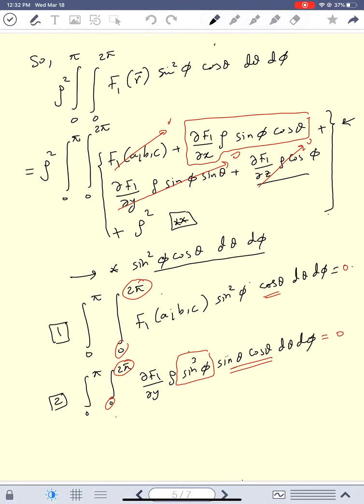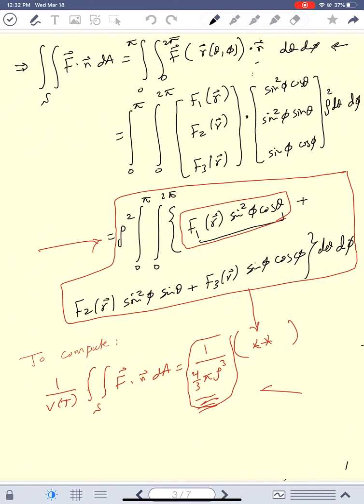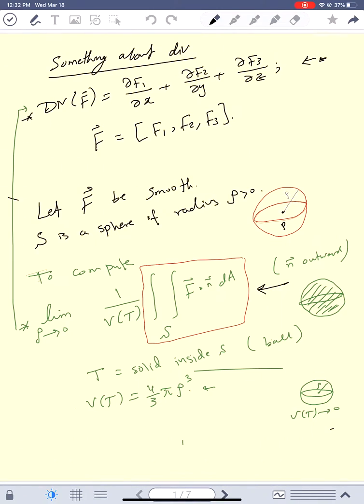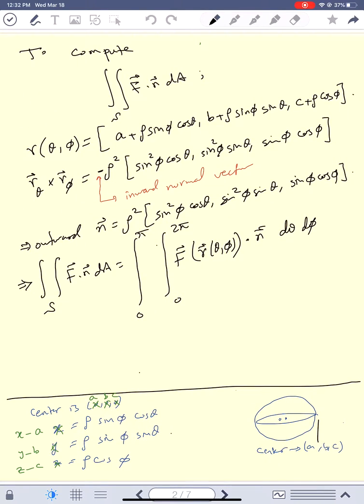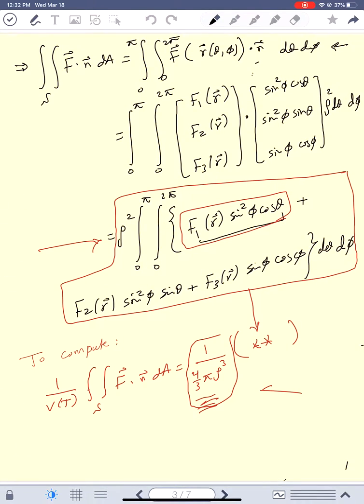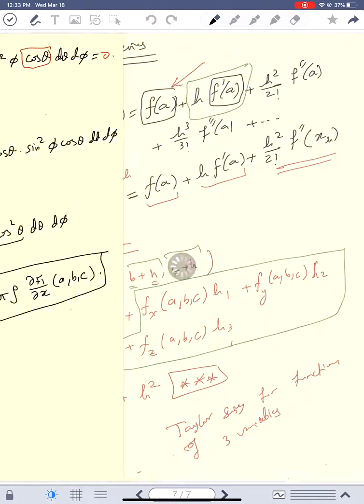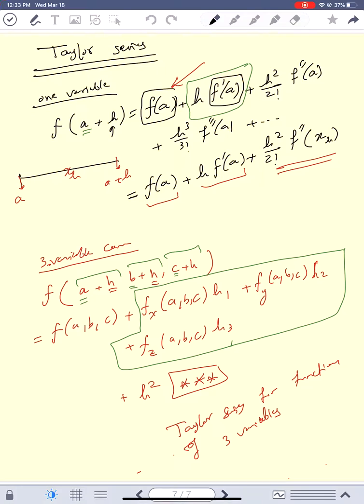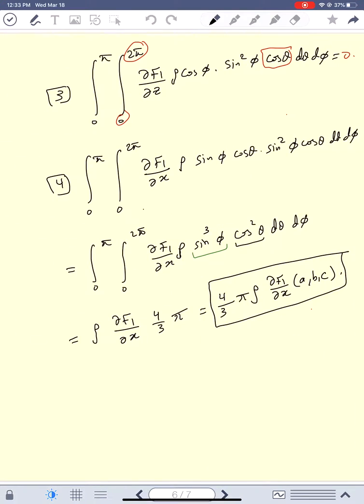So remember, we wanted to compute this integral. We did the parameterization. We substituted the function. This is what we got. Then we only took the first part. After doing the computations of the first part, we found this final answer here, okay? This was our final answer.